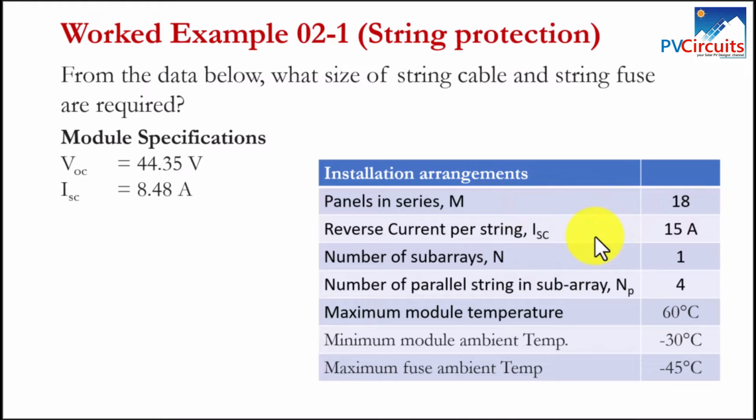The reverse current rating per string is 15 amps. The number of sub-arrays is just 1, and the number of parallel strings in the sub-array is 4. We want to find the string cable and the fuse rating for that particular string.